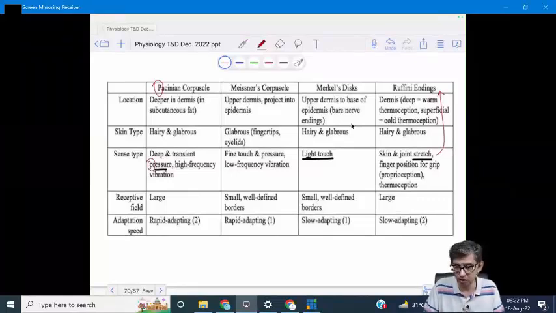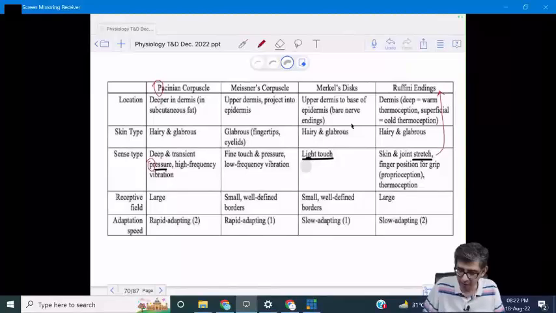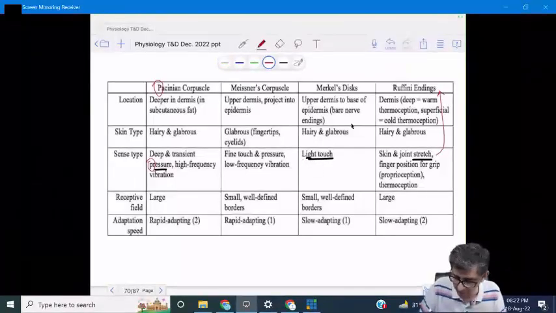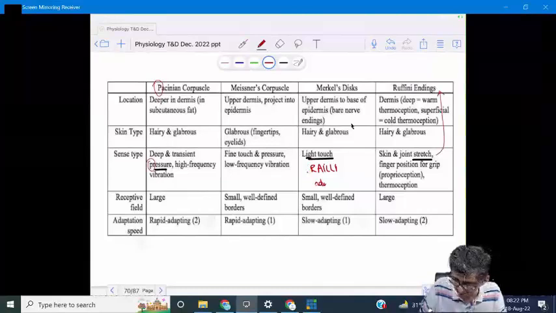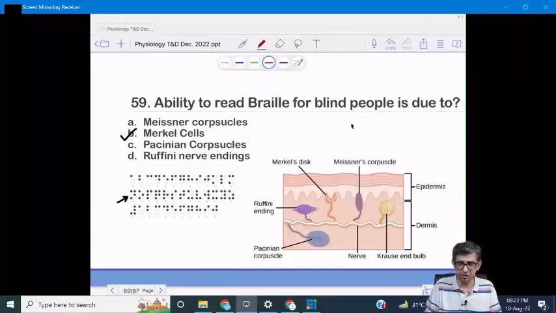For Merkel disc, remember light touch and 2-point discrimination, as somebody mentioned very rightly. This is a question that commonly goes wrong and should not have occurred.